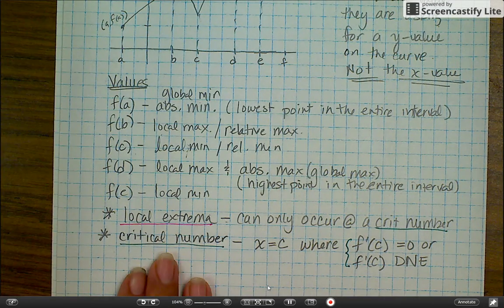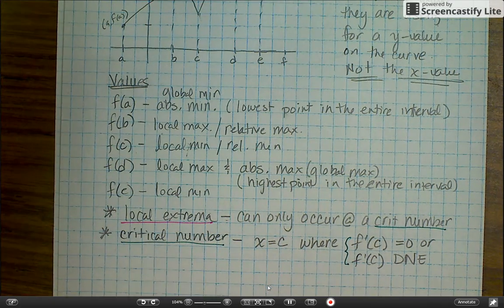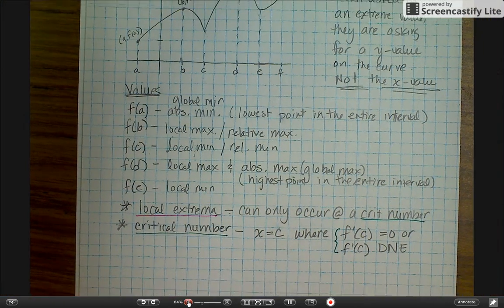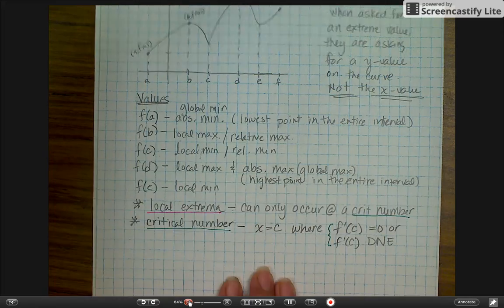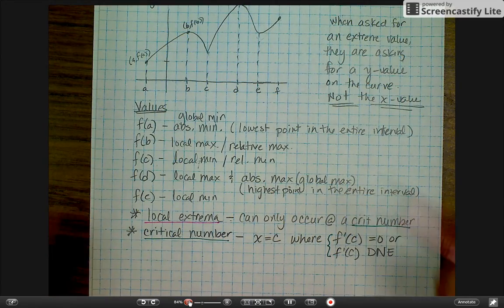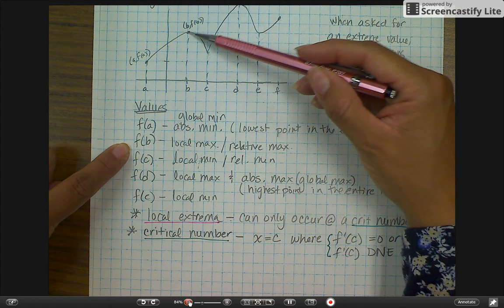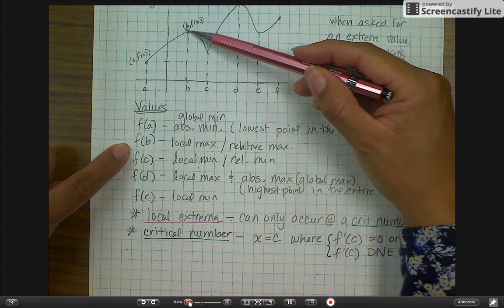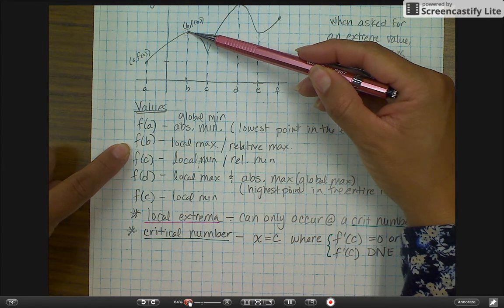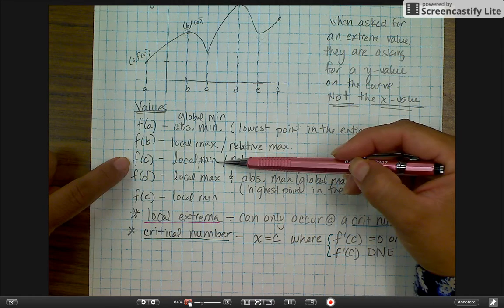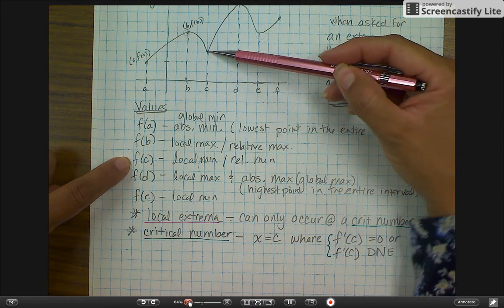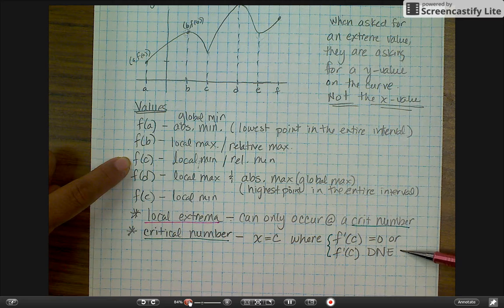So let's look at all our local extrema. If you look back at our graph, local extrema. So I have a local maximum at b, and the derivative would be 0. A local minimum at c, and the derivative of that would be does not exist.